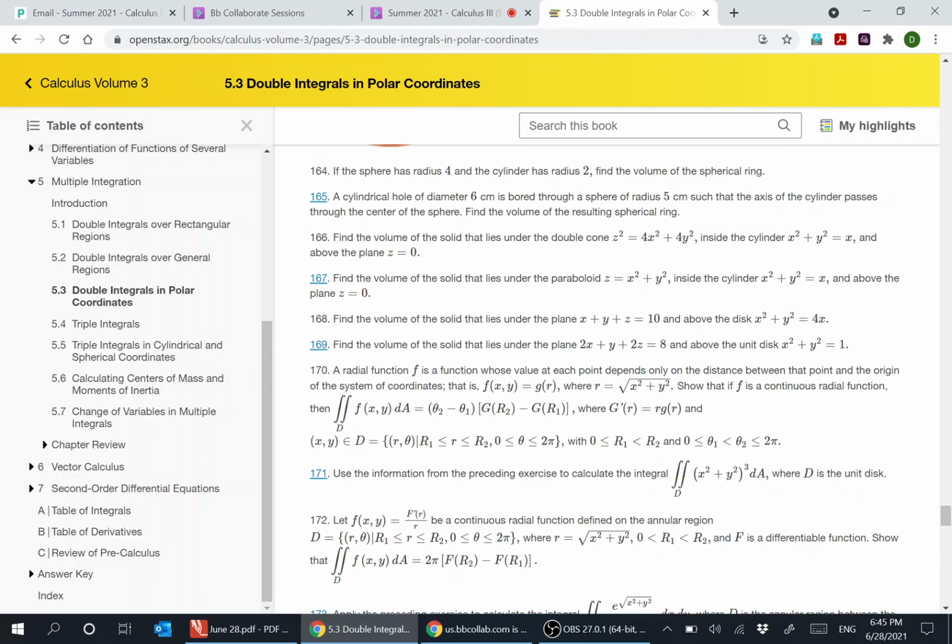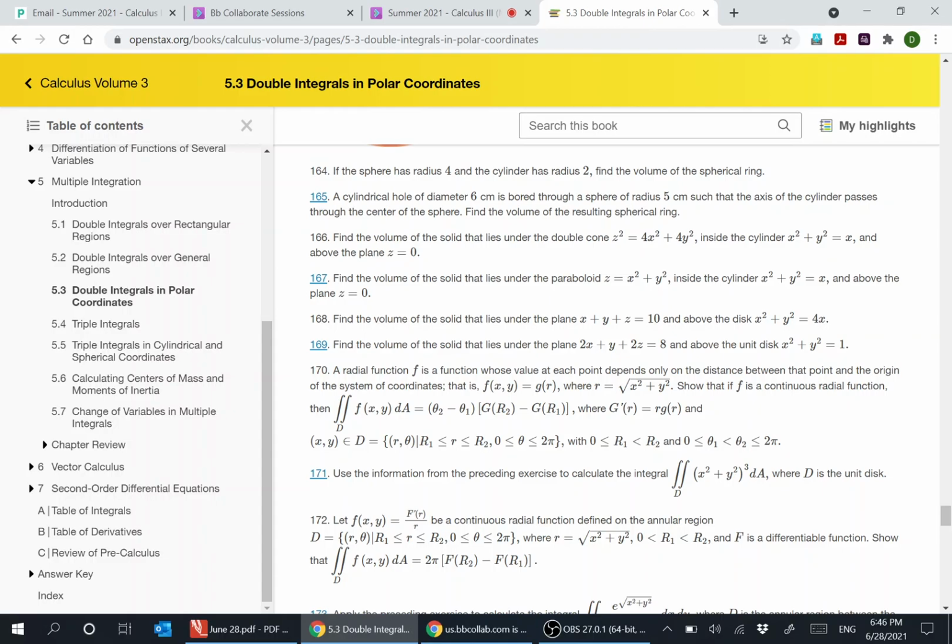Problem 166. Find the volume of the solid that lies under the double cone z squared equals 4x squared plus y squared, and inside the cylinder x squared plus y squared equals 4x, and above the plane z equals 0.